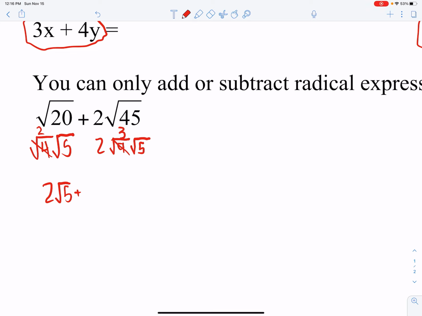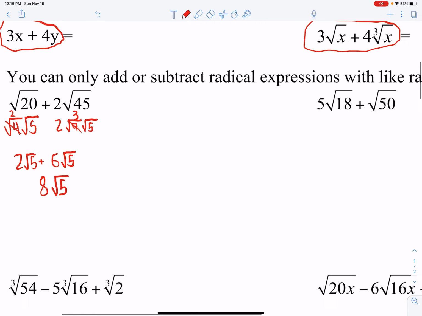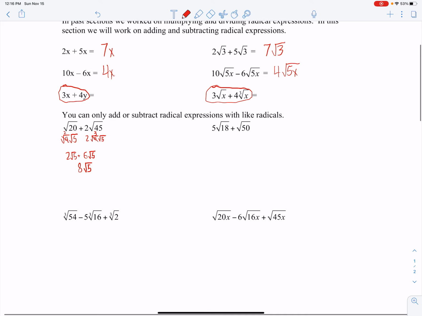And notice, because we have that 2 at the front, we do 2 times 3, and we would have 6 square root of 5. And now looking at these two, these are like terms because they have the same root part. So we add 2 plus 6, and our final answer would be 8 square root of 5. So these problems will have a couple of steps. You simplify the roots as much as you can, and then see if you have any like terms to combine.